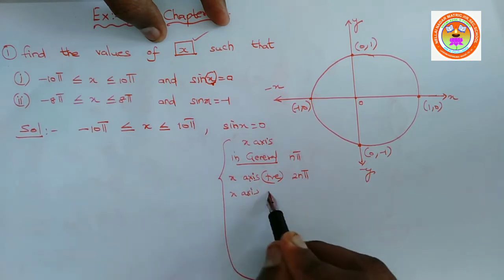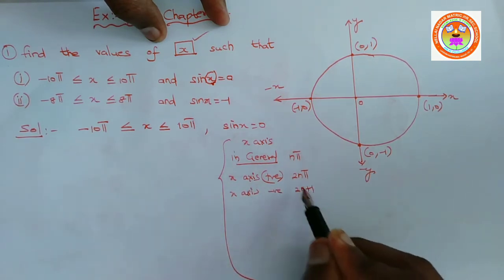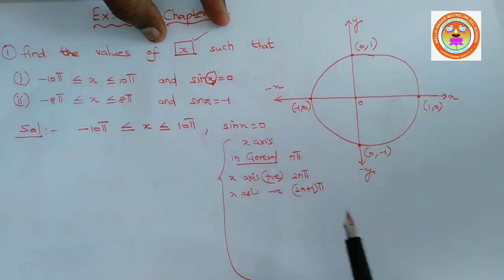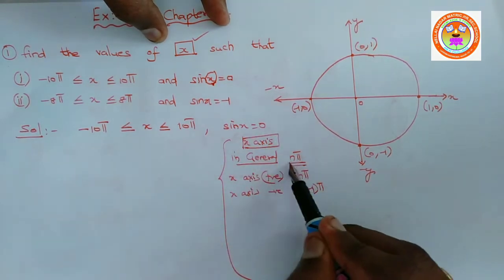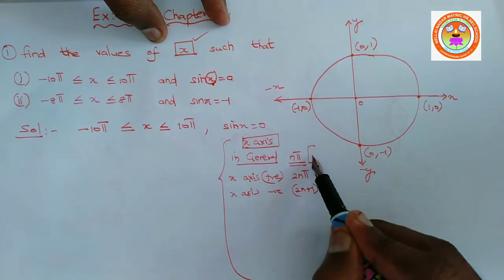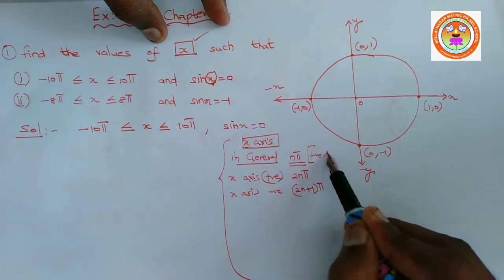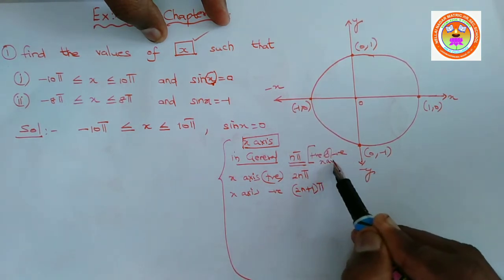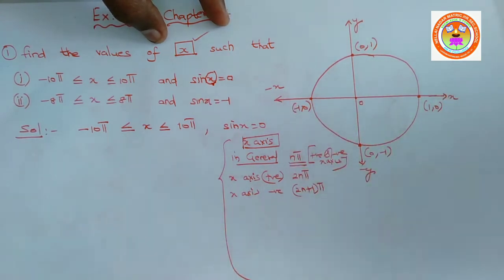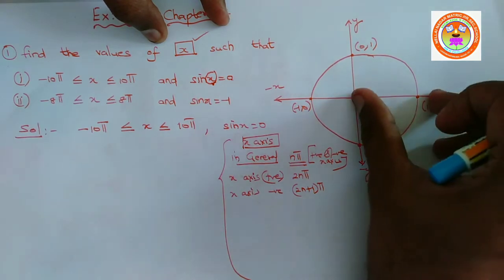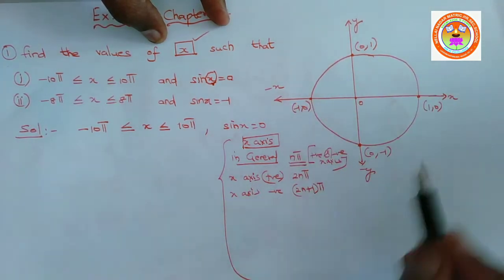X-axis negative is 2n plus 1 pi. These are the x-axis. In general it is n pi. This x-axis in general contains positive and negative x-axis, that is the whole x-axis, full x-axis. This is only the positive x-axis. This is only the negative x-axis.